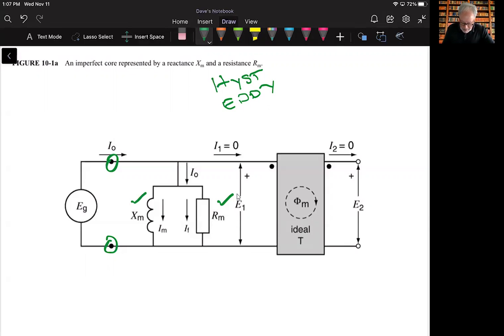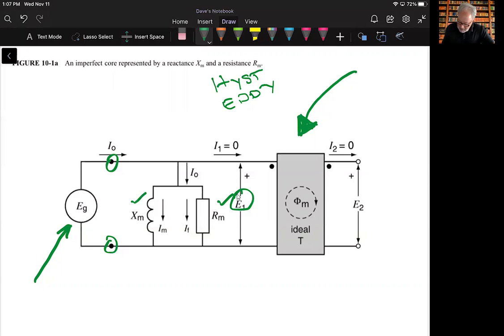So when we look at this, we see that the primary is excited by this source E sub G, and it produces an induced voltage E sub 1. And this is that induced voltage that we looked at. Even though it's in parallel here, we understand that it's an induced voltage, and this is the source voltage that causes the induced voltage.